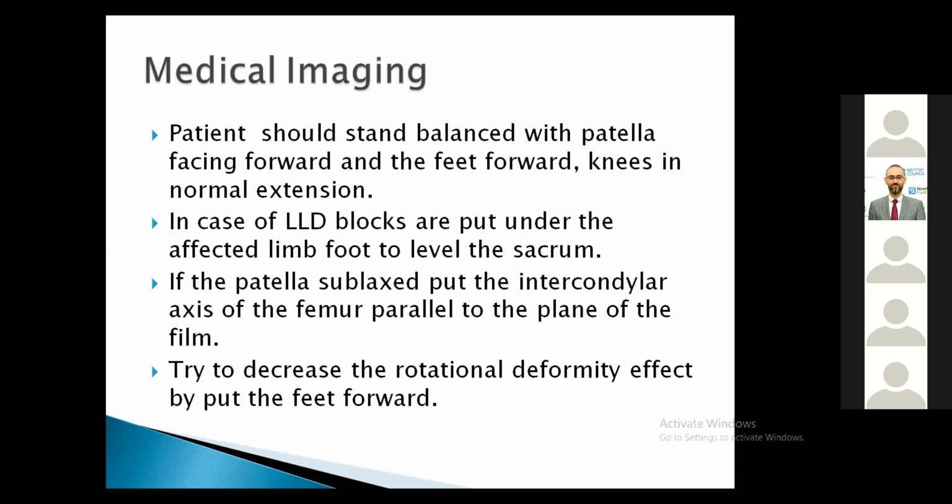In case of limb length discrepancy, blocks are put under the affected limb foot to level the sacrum. If the patella is subluxed, put the intercondylar axis of the femur parallel to the plane of the film. Try to decrease the rotational deformity effect by putting the feet forward.